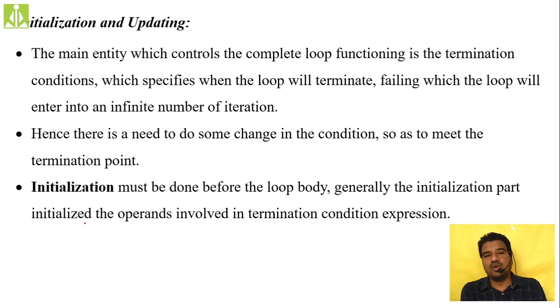See, in every loop we need these two things so as to make the condition false after a specific number of times. I will help you understand this very easily: why we need initialization and why we need updation when we are talking about a loop. The conditions are framed by using variables.